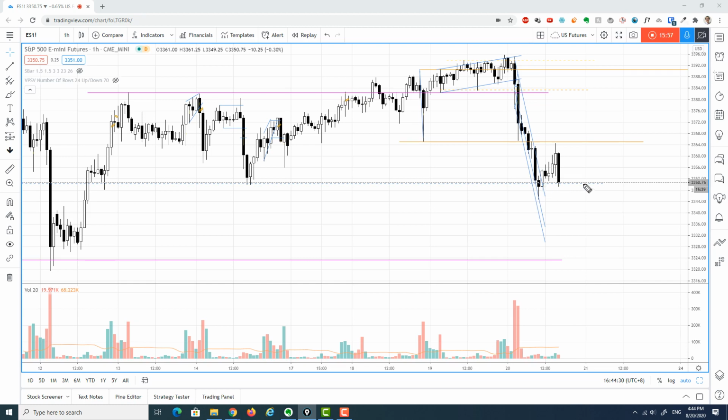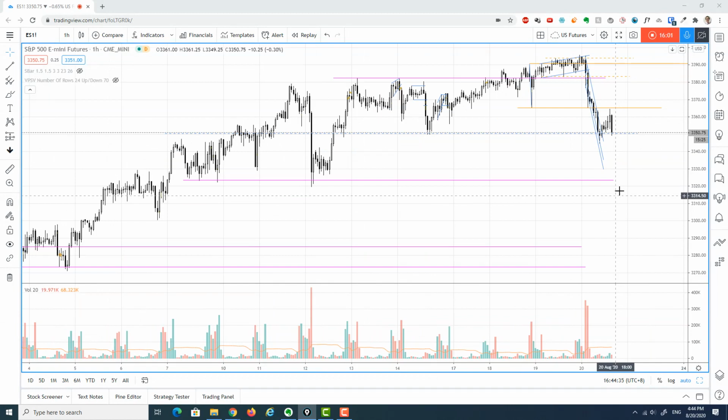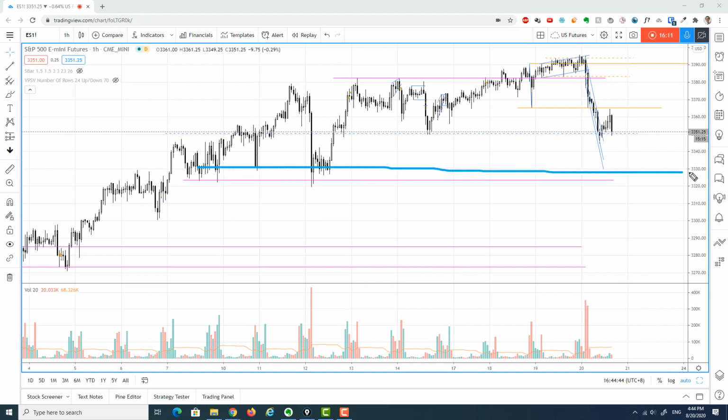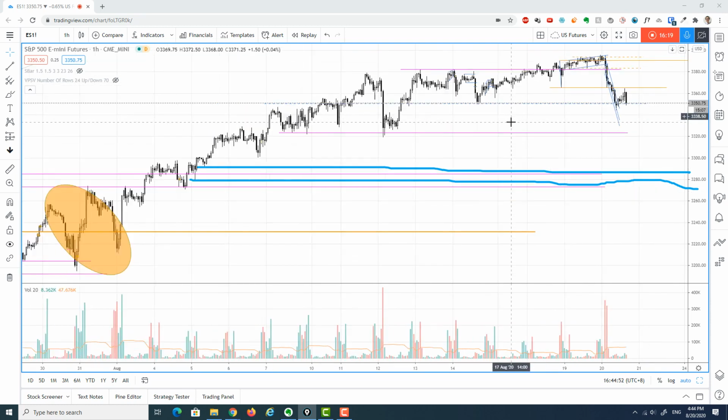Should this fail to hold, then definitely we'll see the S&P 500 move down to the next supporting level, which is around 3320 to 3330. This is the next supporting area here. So this could provide some decent support in terms of the structure level.